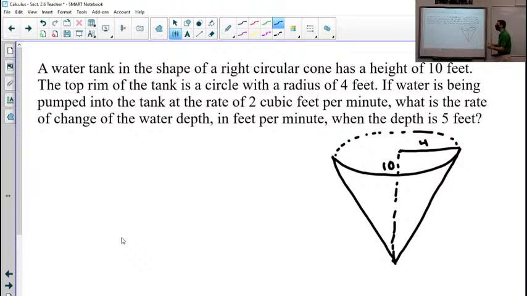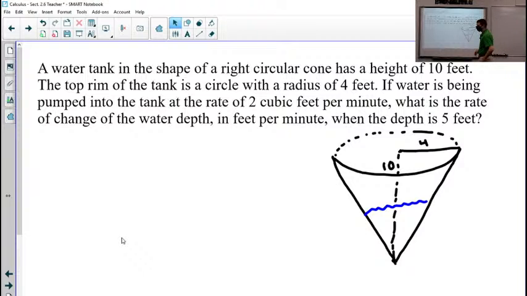But for right now, the entire tank is not getting filled yet. So we're going to put some water. Okay, there's my water. And then I will give you a minute to write down some other quantities that we know.